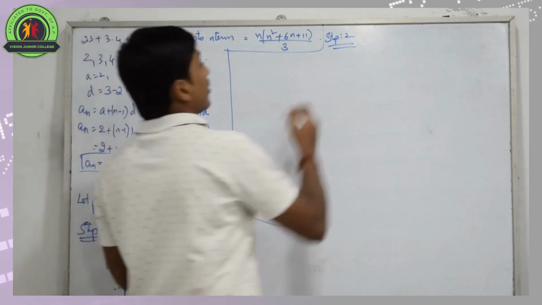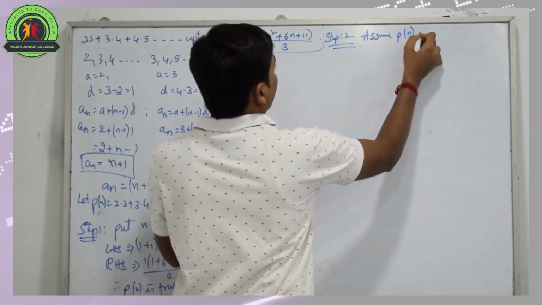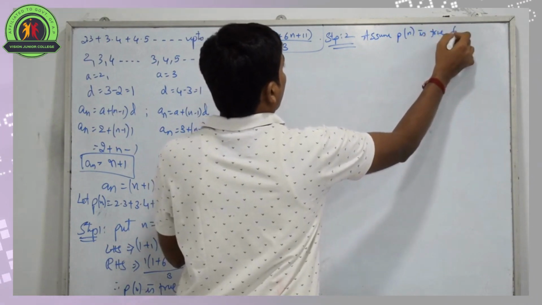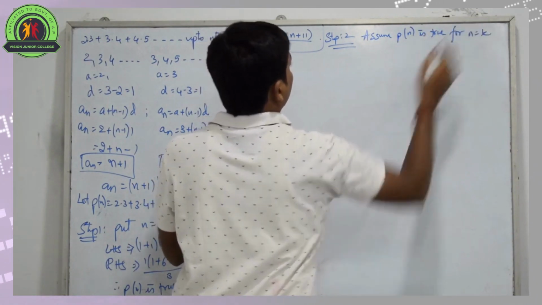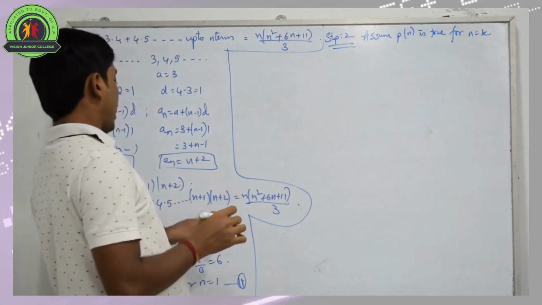Assumption, that is, assume P of n is true for n equal to k. That is, we have to substitute k instead of n in the given statement.